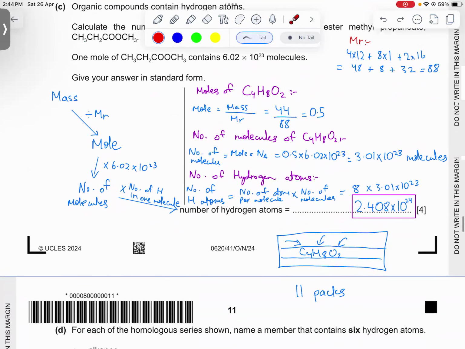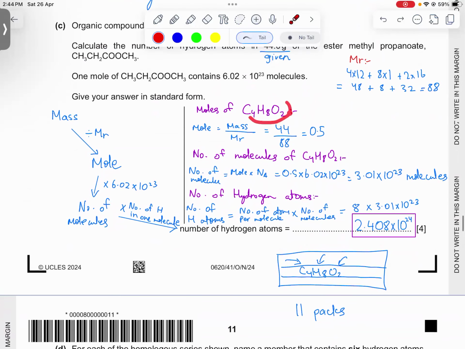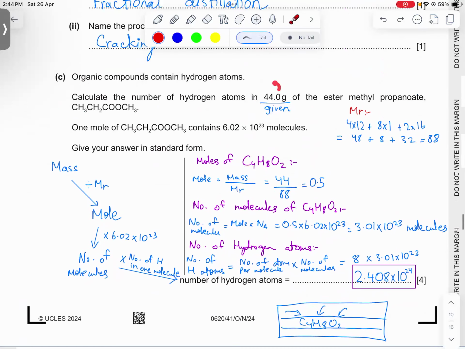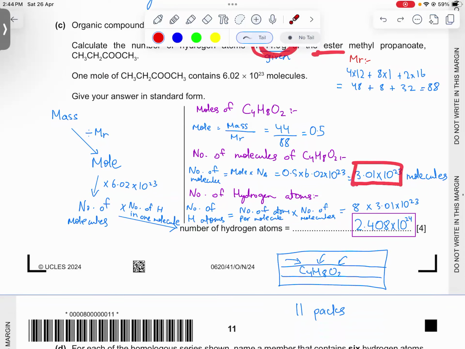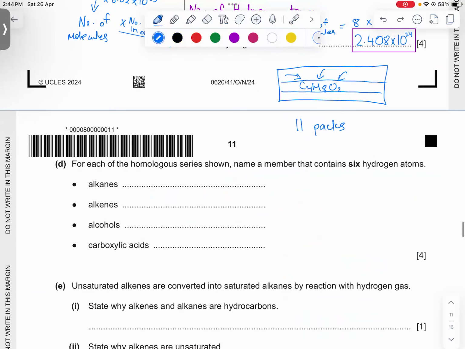If one molecule of C4H8O2 contains 8 hydrogens, as we can see in the formula, and when we calculated it, we found that 44 grams of this ester, methyl propanoate, contains 3.01 into 10 to the power 23 molecules.